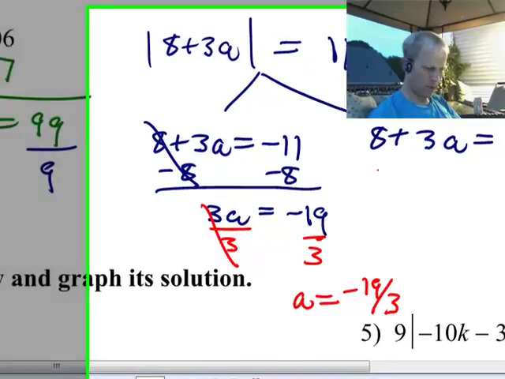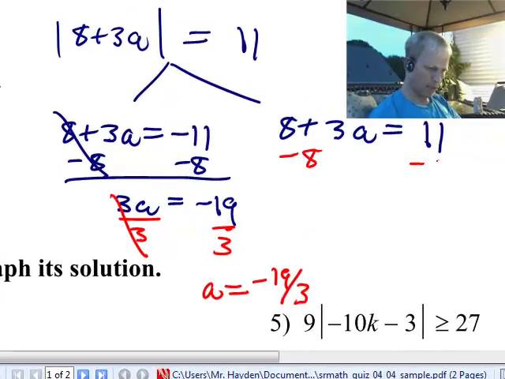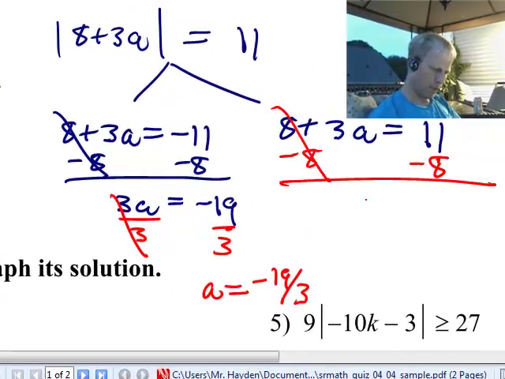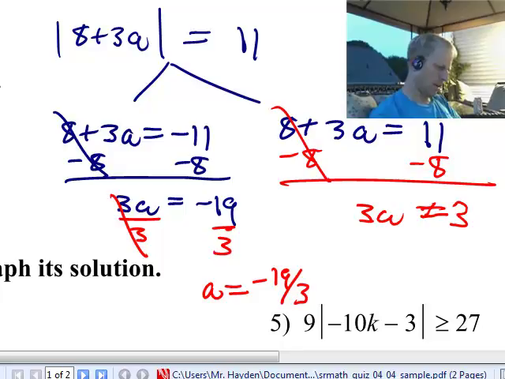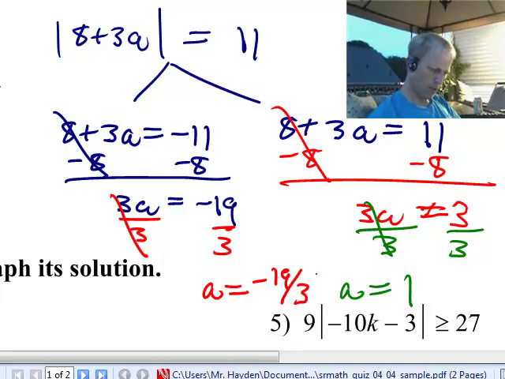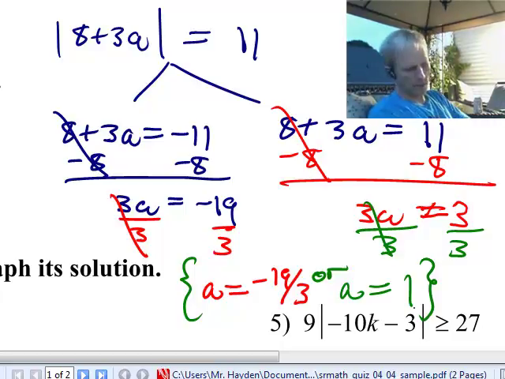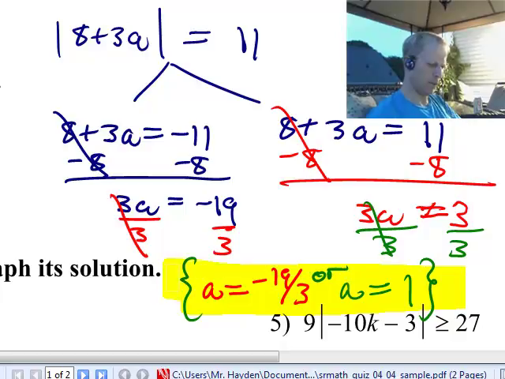And in the other one, subtract 8 gives me 3a equals 3. And then divide by 3. So that gives me a equals 1. So those are my two solutions. A equals -19/3 or a equals 1.